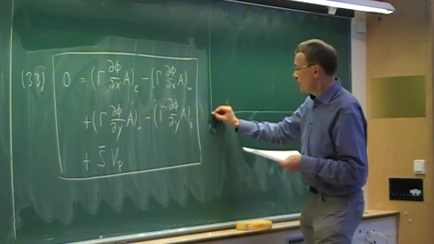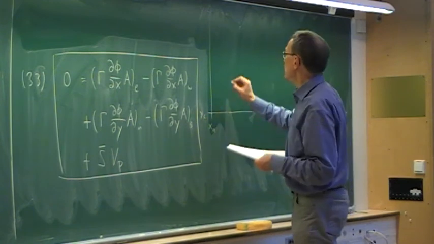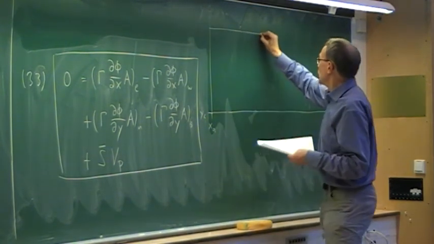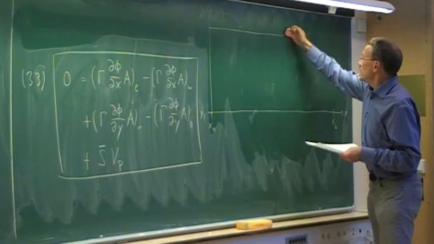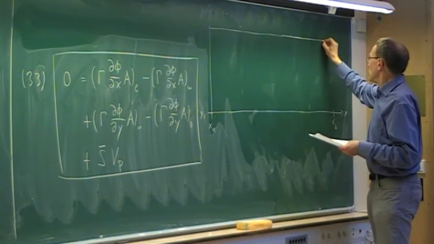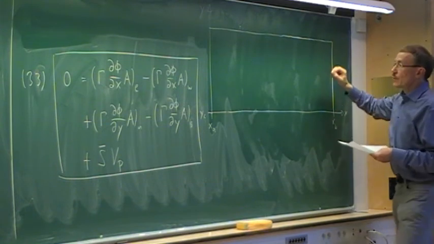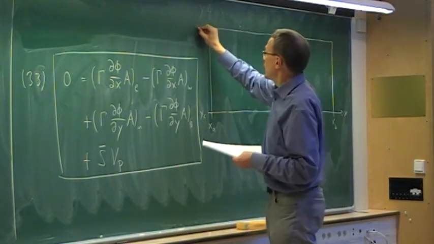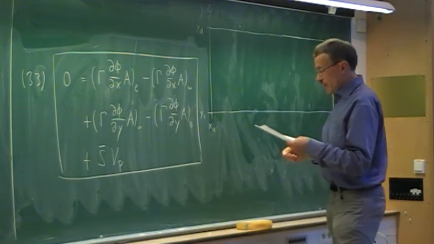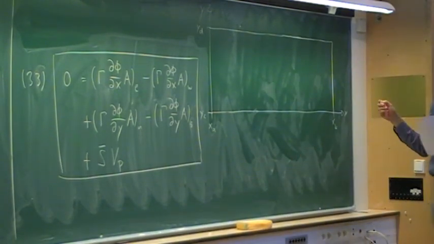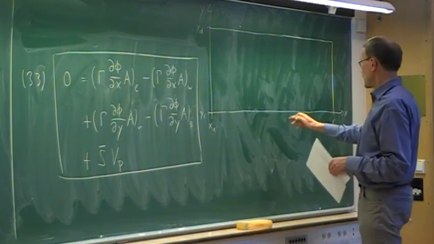In the y direction, we assume that we have a yc here, and we have a yd. And then we assume that we have an equidistant grid, both in x and y direction. They don't need to be the same.